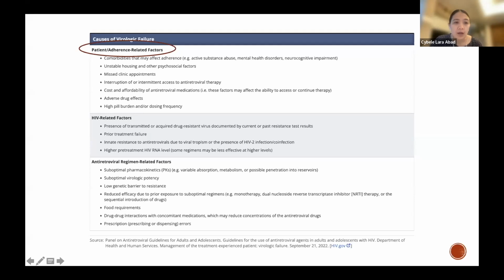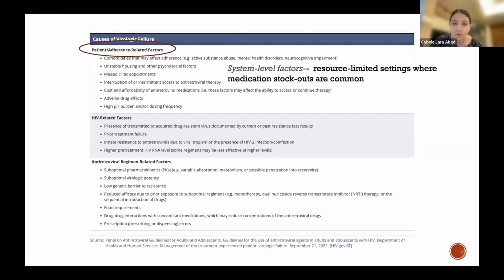Now, the other issue that also comes into play in the Philippines, which is very frustrating to us clinicians, is of course a system-level factor where we come across supply issues. The drug is out of supply and your patients will tell you, we only have a month's supply. And so we have to go back every month because our supply of TLD or TLE is running out.